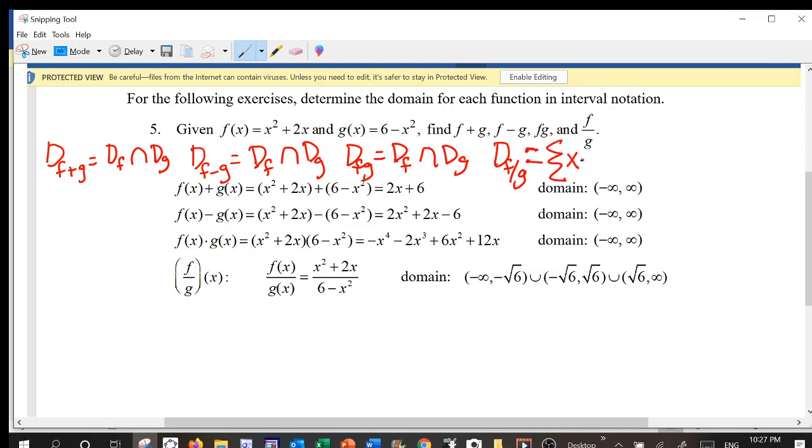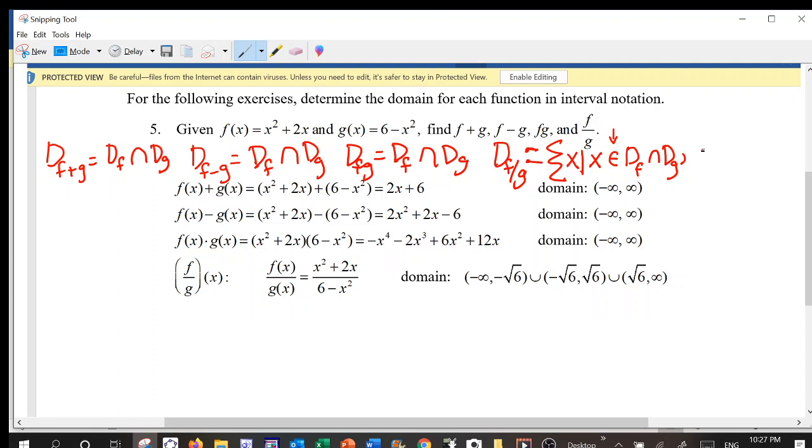So it is x such that x is in the, this means belongs to, x is in the intersection of the two domains, right?